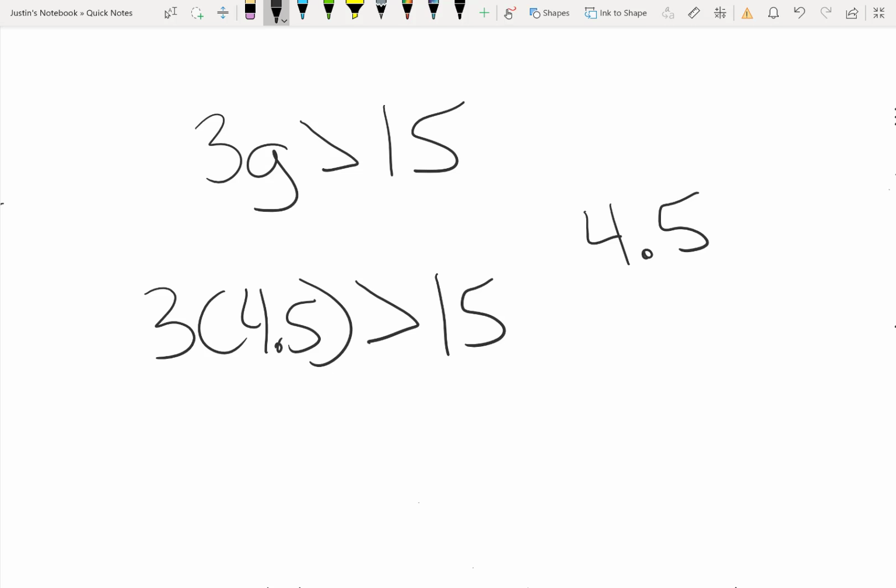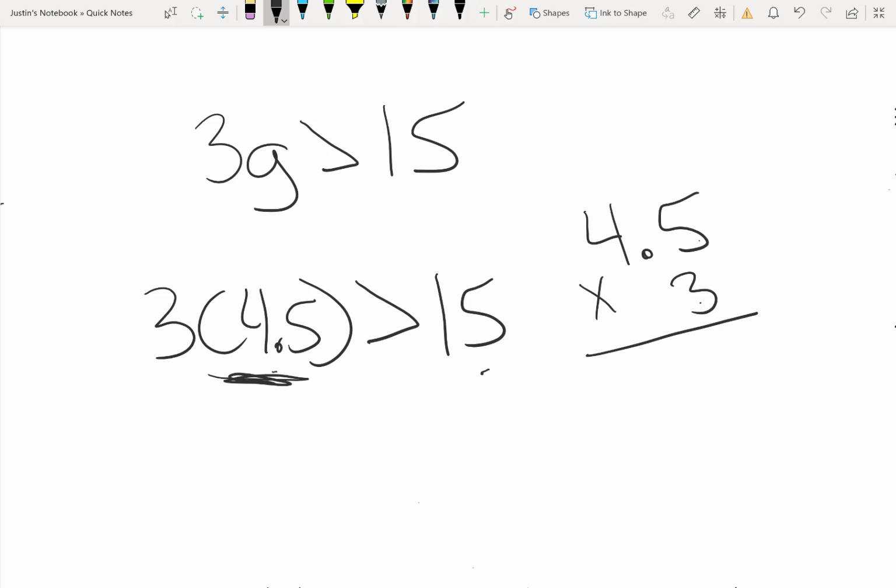Well, right off the bat, I know that's false because 3 times 5 would be 15, and that would be equal to 15. So there's no way this can be greater than, because 4.5 is less than 5. But we'll go ahead and solve it out to make sure, to show you guys.